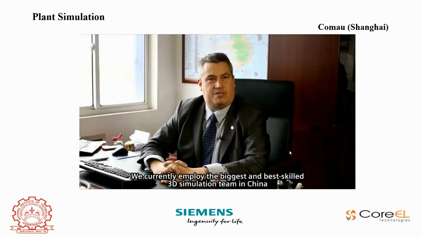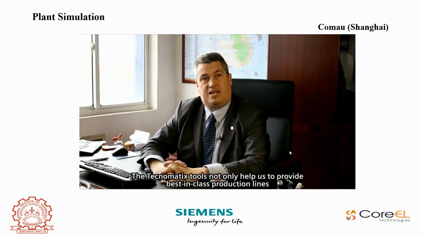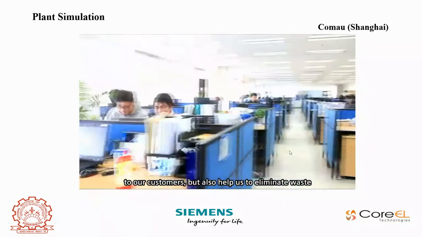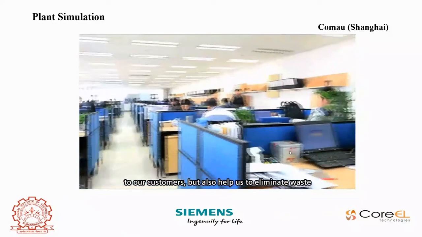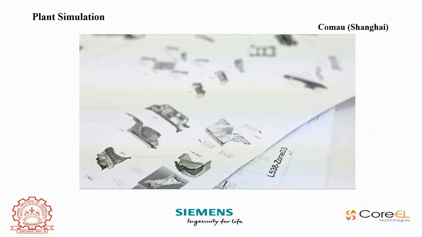We currently employ the biggest and best skilled 3D simulation team in China. Dozens of engineers who use RobCAD, Process Designer, and Process Simulate. The Technomatix tools not only help us to provide best-in-class production lines to our customers, but also help us to eliminate waste in our engineering and minimize rework on the shop floor.